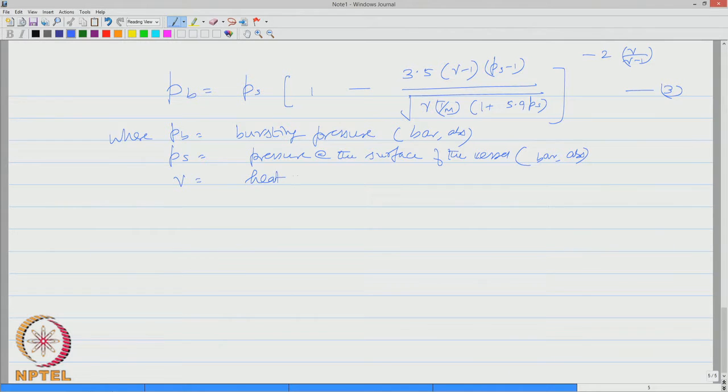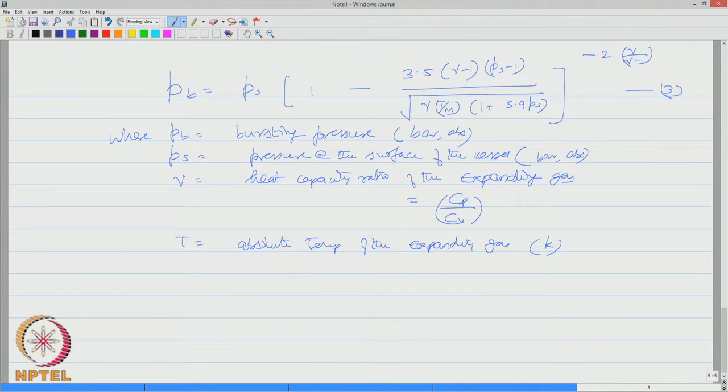Nu is the heat capacity ratio of the expanding gas, which is equal to Cp by Cv, and T is the absolute temperature of the expanding gas in Kelvin, and m is the molecular weight of the expanding gas in mass per mole.